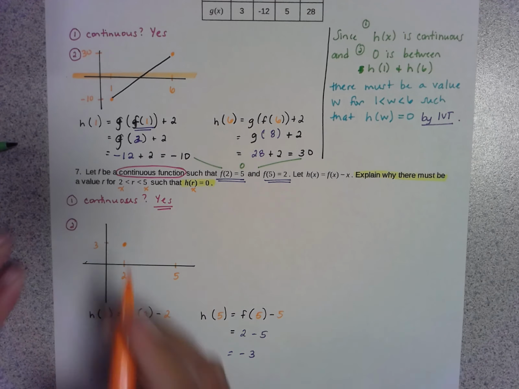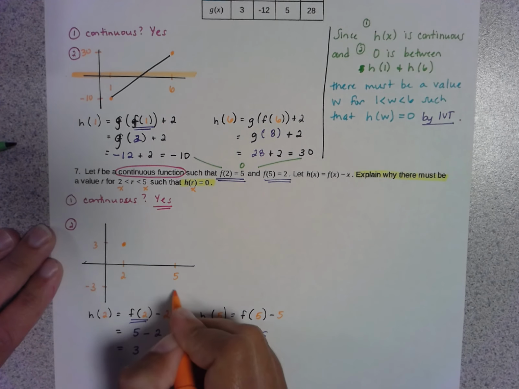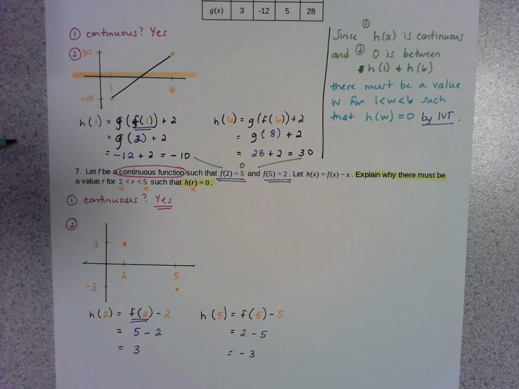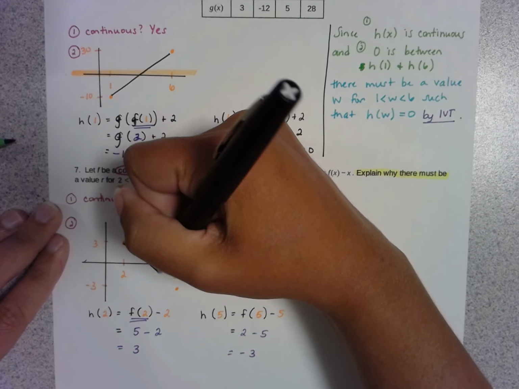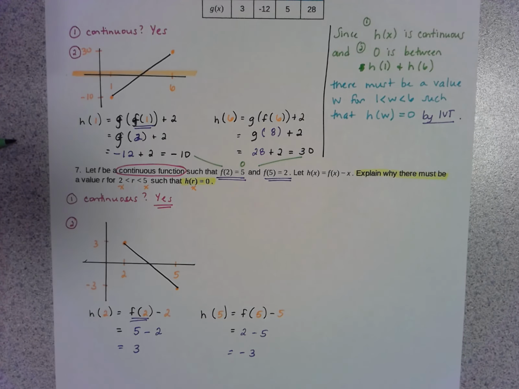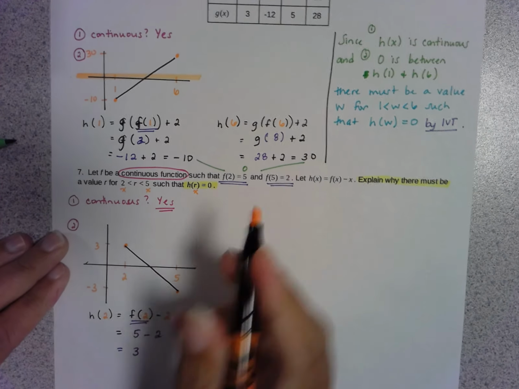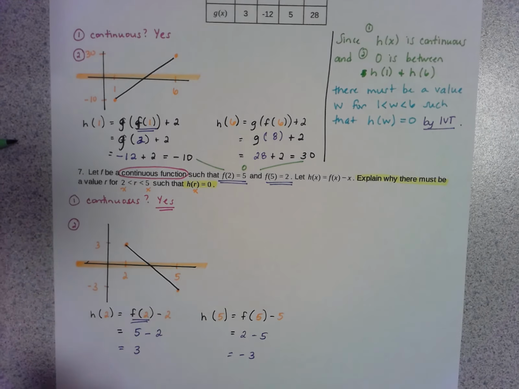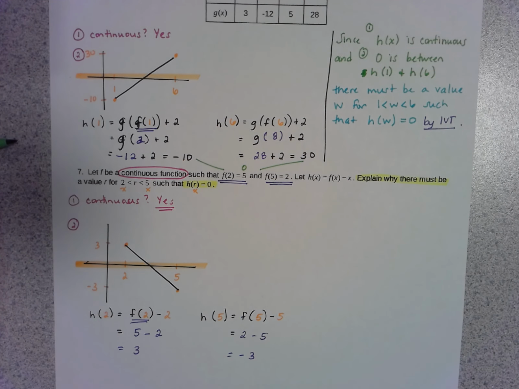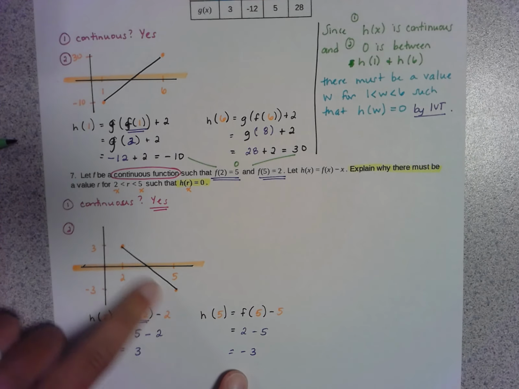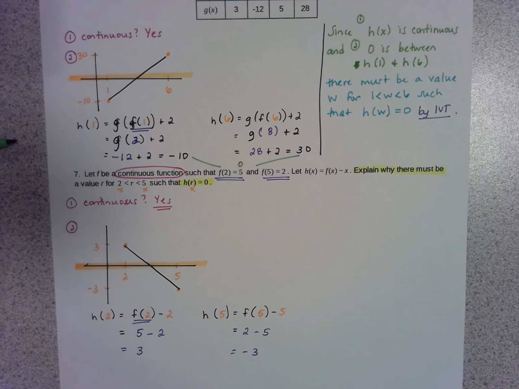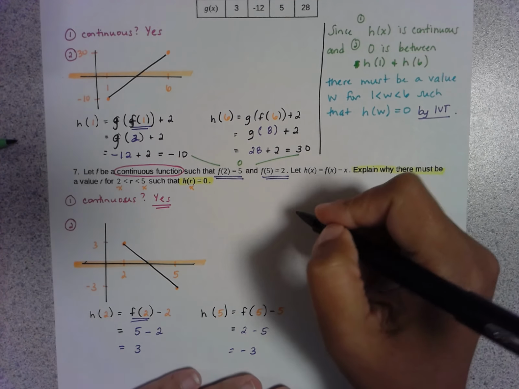So on my graph, I'm going to find the negative 3 and graph it, 5 comma negative 3. And I'm going to connect those 2 points with a straight line just to get a visual of what points I'm guaranteed to cross through. Now, having a y value of 0 means crossing this line right here, which I can definitely say that I do because that line is within the y values that I calculated. So now we just need to explain our reasoning.